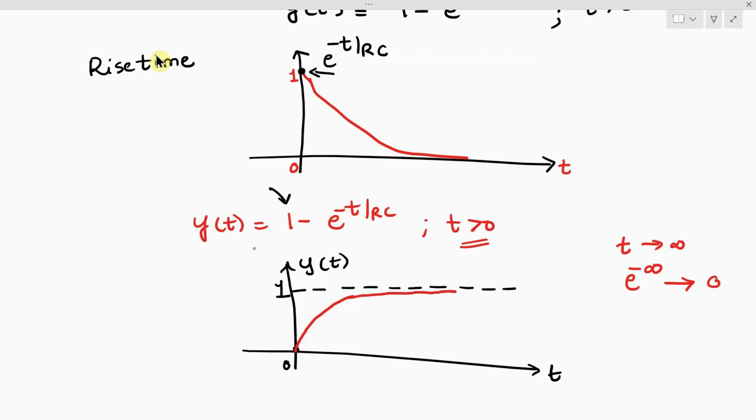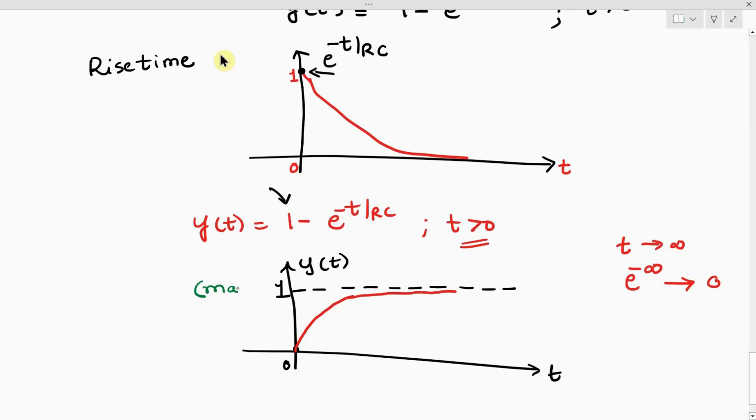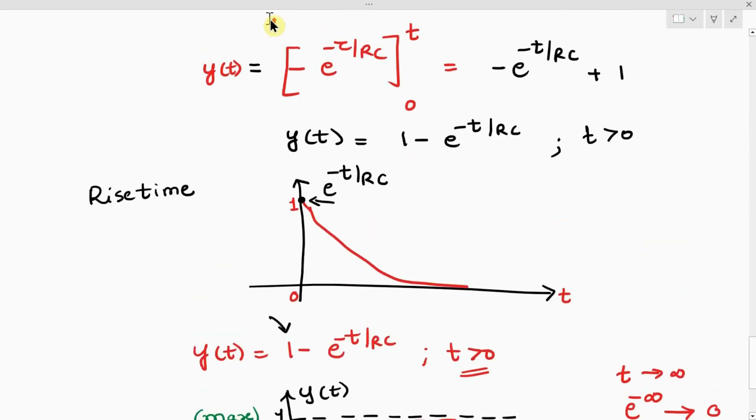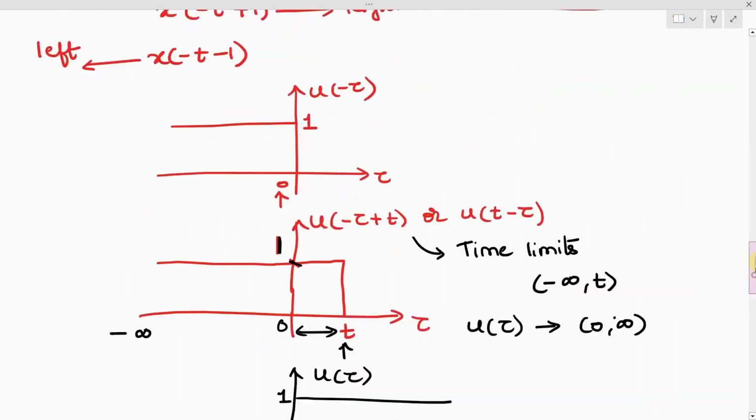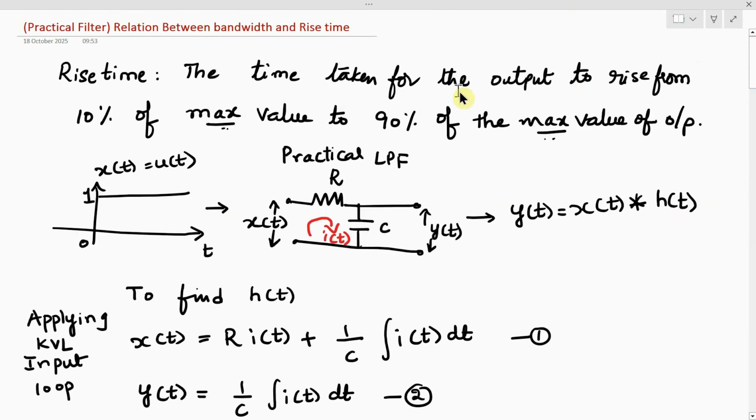Okay. Now, let me mark. What is the maximum value? 1. So I am going to the top, that is to the definition of rise time: the time taken for the output of the system to rise from 10% of its maximum value to 90% of the maximum value.